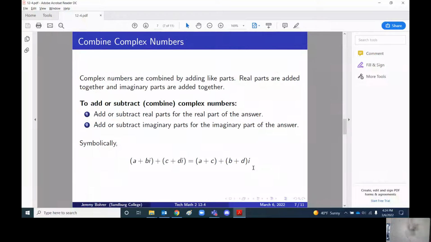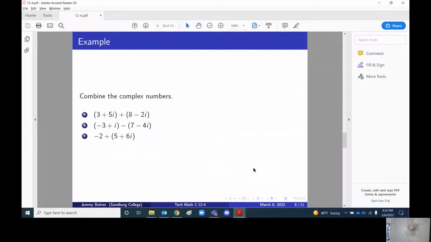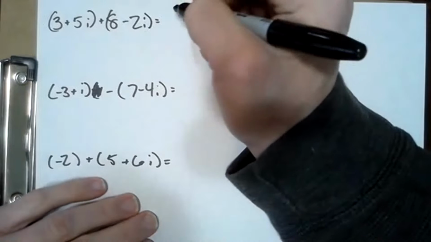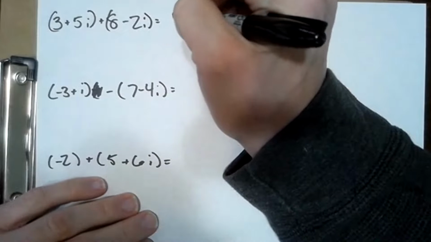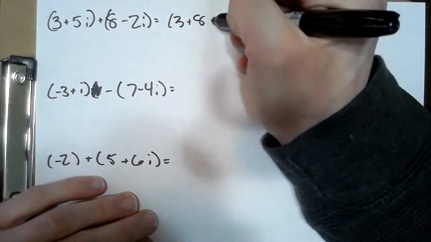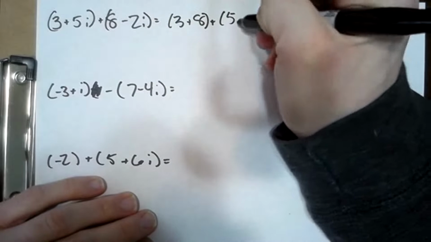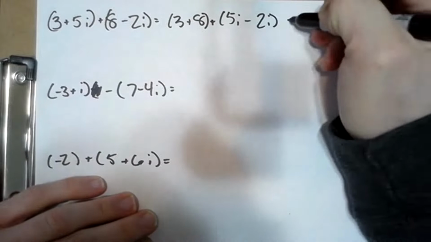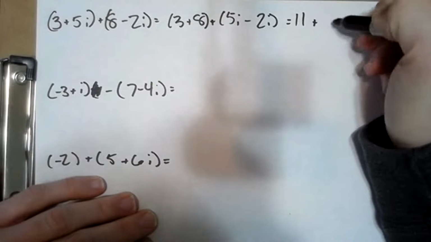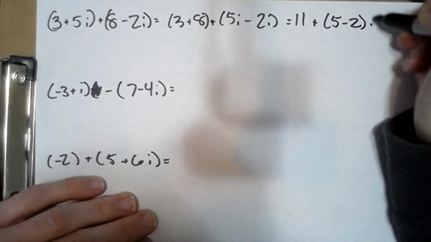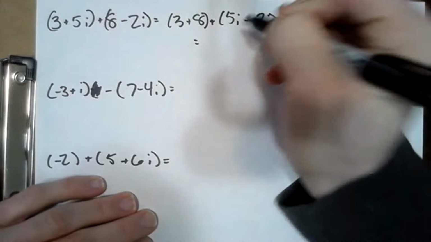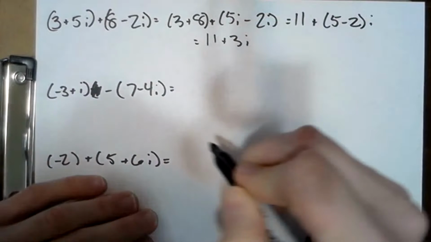For our next problems, we're asked to combine these complex numbers. Combination in algebra is addition or subtraction. We can do that without too much trouble. We start with 3 plus 5i plus 8 minus 2i, which is equivalent to 3 plus 8 plus 5i minus 2i, or 11 plus 5 minus 2 times i, which gives us 11 plus 3i.